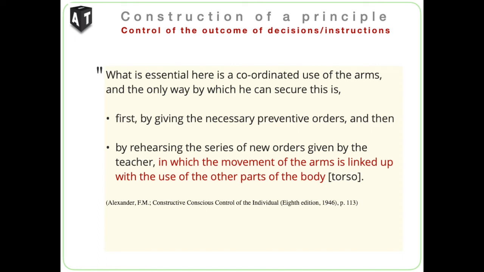And the only way by which he can secure this is first by giving the necessary preventive orders, and then by rehearsing the series of new orders given by the teacher in which the movement of the arm is linked up with the use of the other parts of the body.